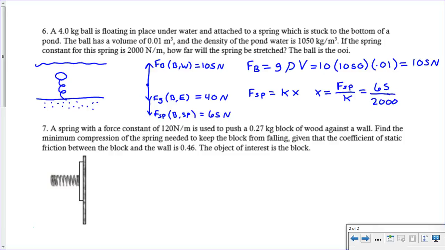And if you do that, you should get 0.0325 meters, which is equal to 3.25 centimeters.